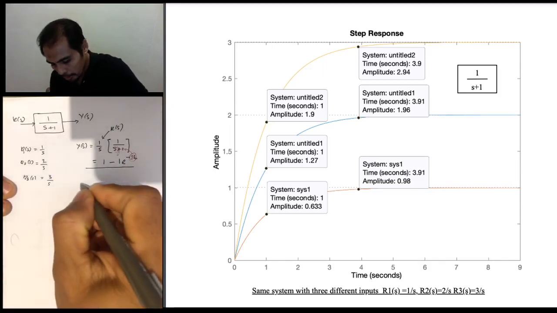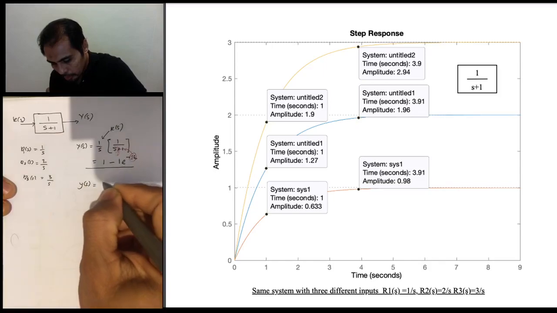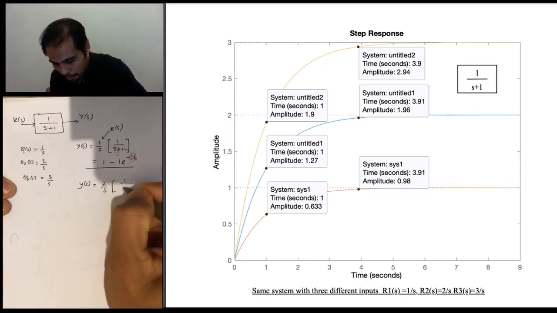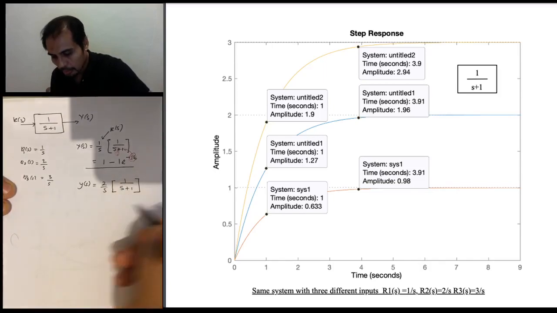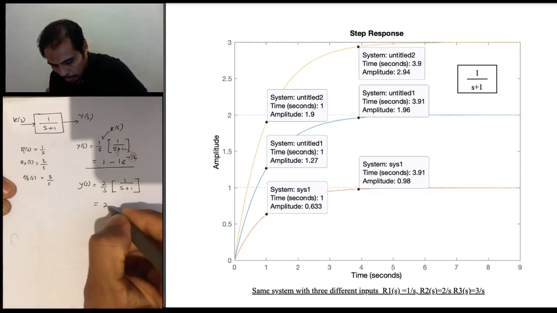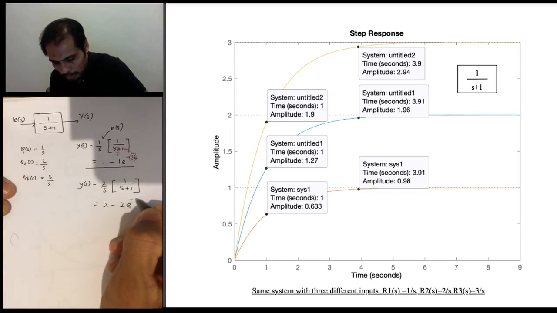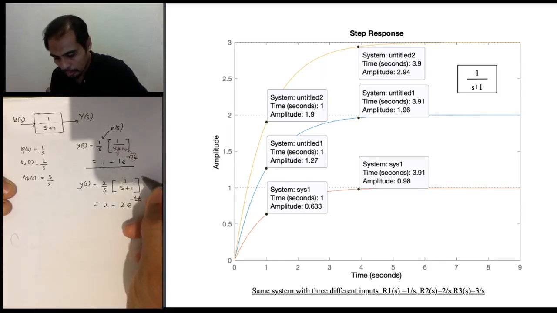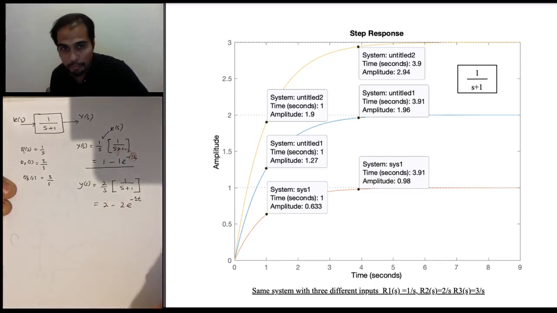Then if we apply 2 over s, the same thing, that will be 2 minus 2e to the minus t. If we calculate the time constant tau, rise time and settling time, they'll be the same.